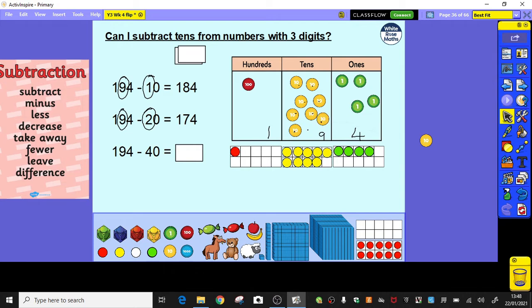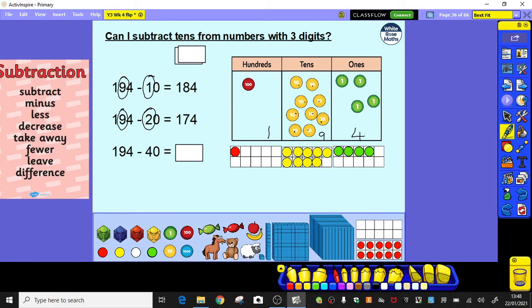Right, let's put those back again while we look at our final question here. 194 take away 40. So this time I've got 9 tens and I'm taking away 4 tens. So 9 tens take away 4 tens is going to leave me with, let's look at these 10 frames to help us this time.